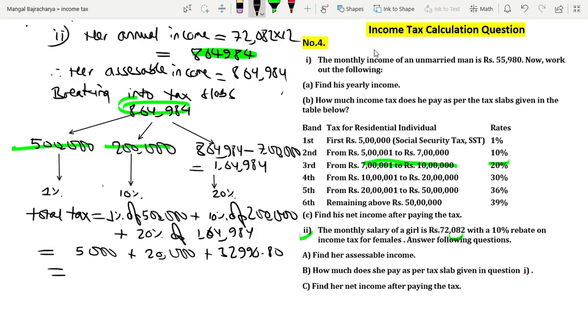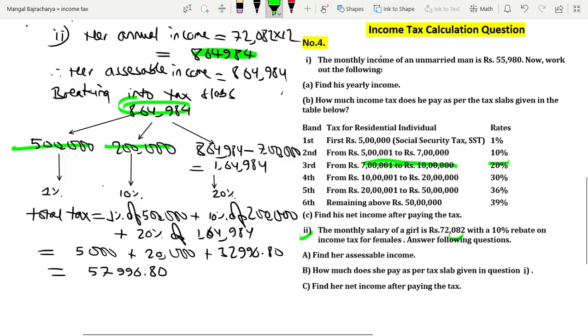So 25,000 plus 32,996.80. So her total tax before tax deduction is 57,996.80. So this total amount is the tax for her to be paid, is it? And it's before tax rebate.